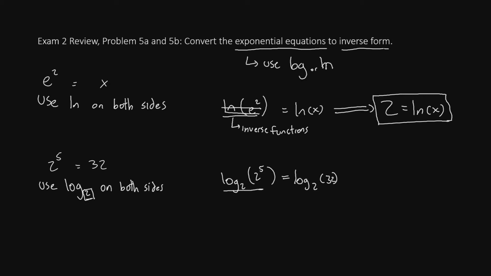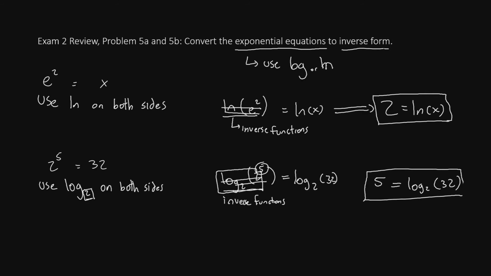Now, log base 2 and this 2 base exponential here are also inverse functions. That means log base 2 and the 2 base cancel out, leaving only the 5 behind. And on the right side, we'll have log base 2 of 32. And this is the inverse form of the second equation.